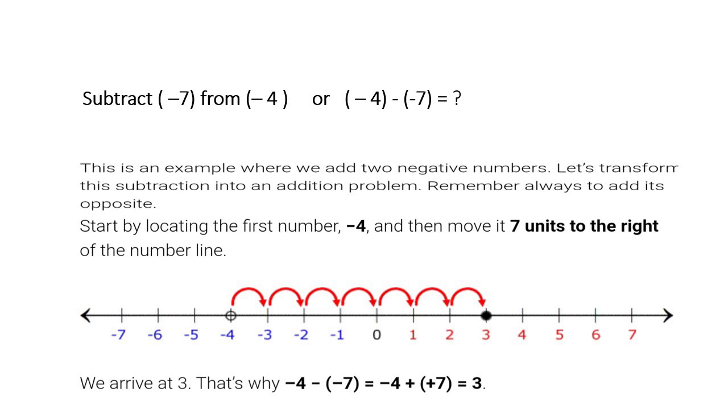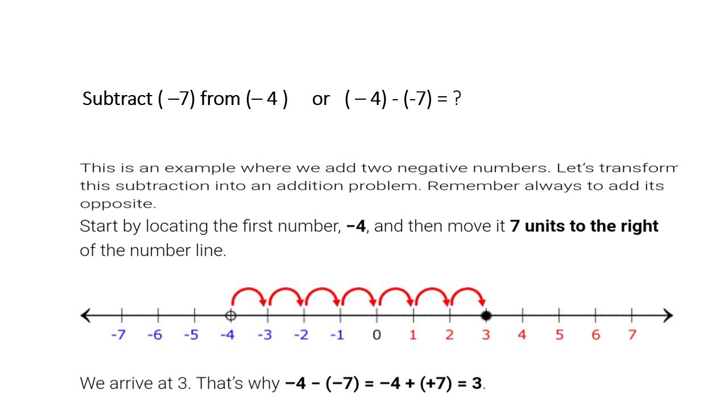Remember, always add its opposite. Start by locating the first number, minus 4. The first number will not be changed, so first locate minus 4 on the number line. Then the second number is minus 7. Its sign will change. It will become plus 7. So move 7 units to the right on the number line.